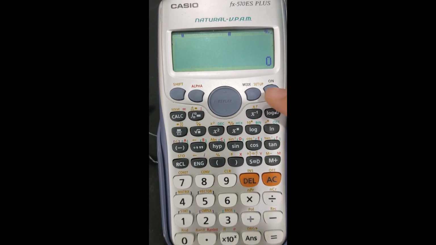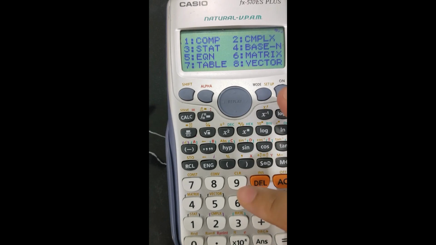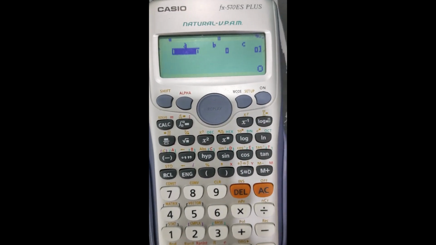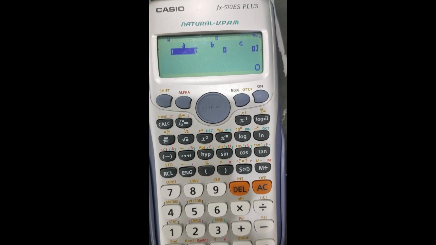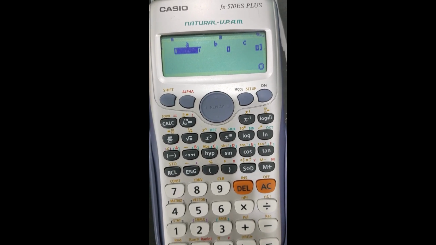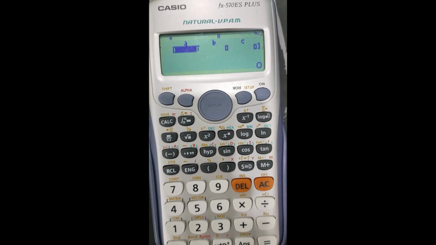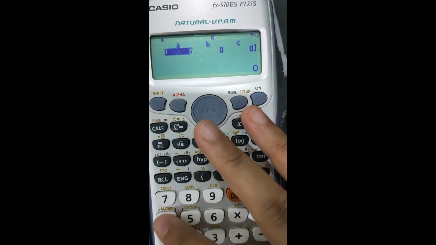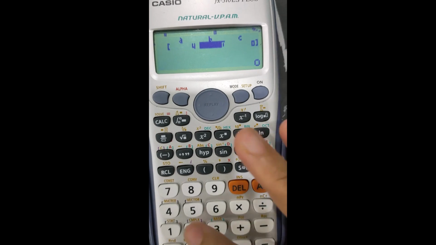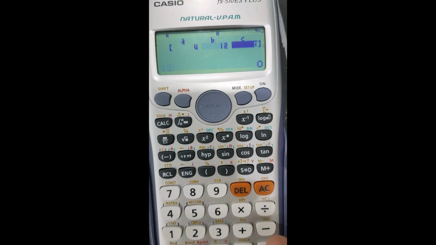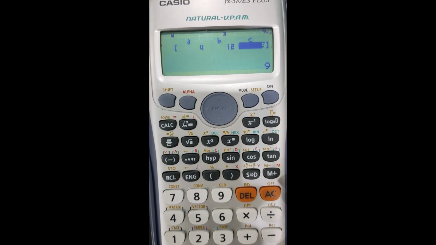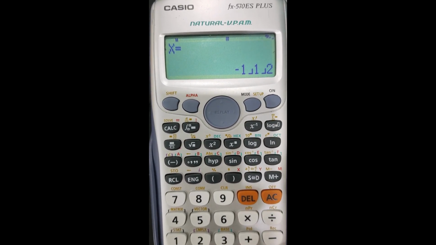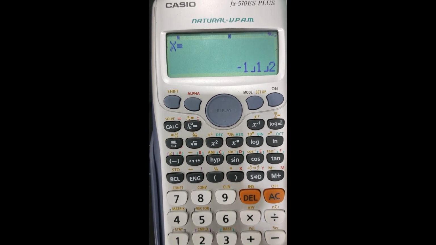For the second question, again find EQN, 5 and then 3. This is my version of calculator. You can check your own calculator. So now the coefficients are 4 equal 12 equal 9. When you press the equal button, you will have x only.